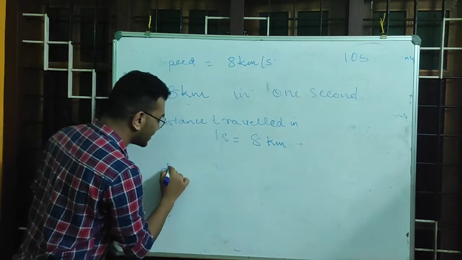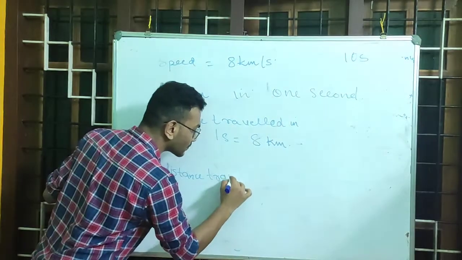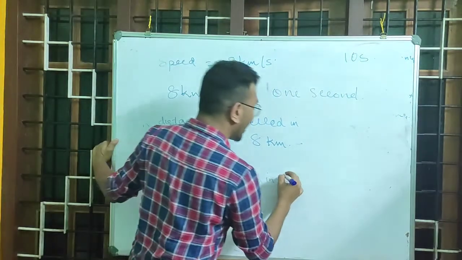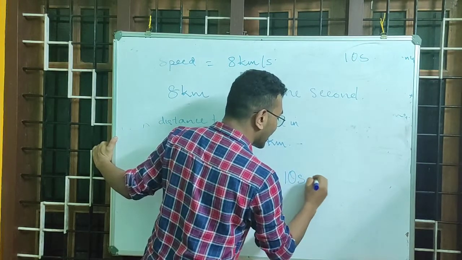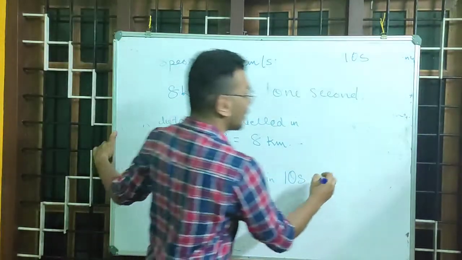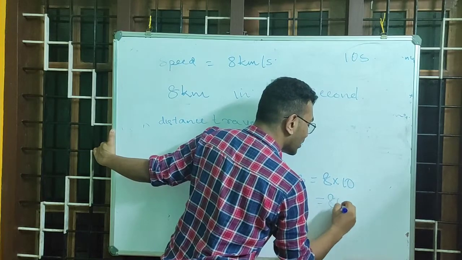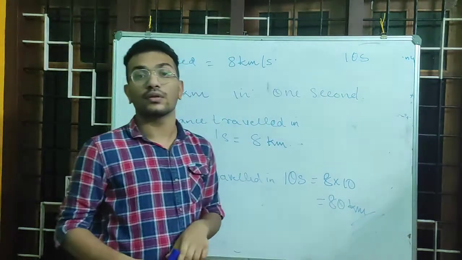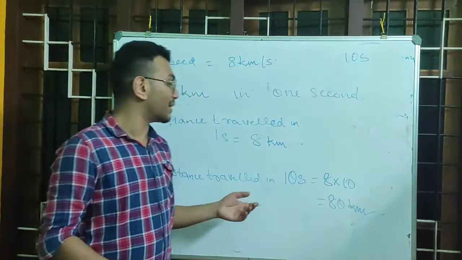Now, we have to find distance travelled in 10 seconds. So that is 8 into 10, that is 80 kilometers. Okay.